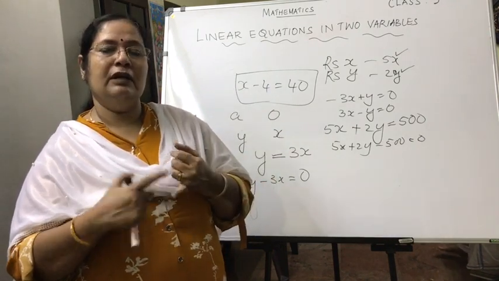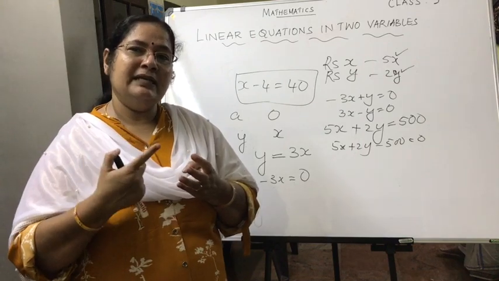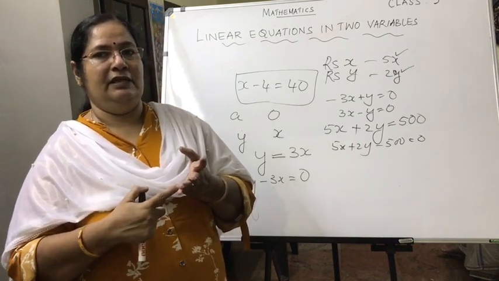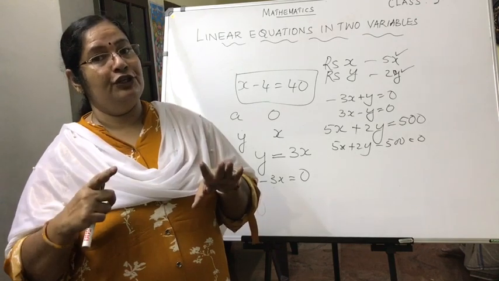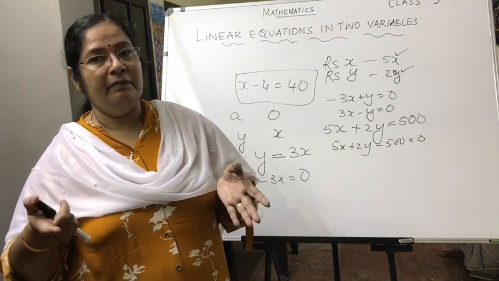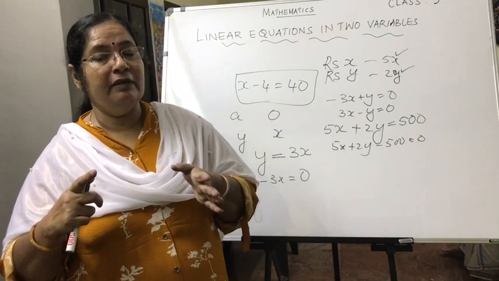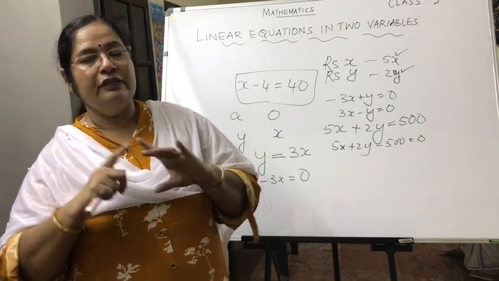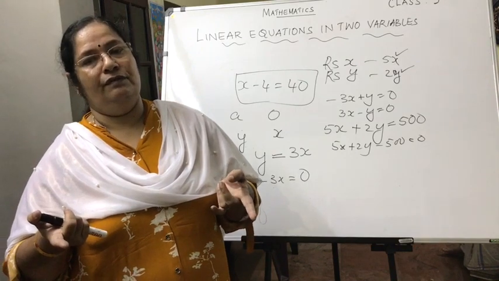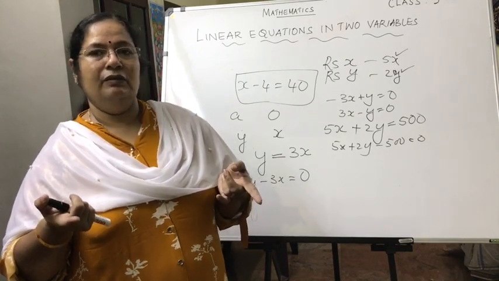Then you have learned how to form the mathematical expression for a given statement. And you have seen for a linear equation in two variables how many solutions you have. You have infinitely many solutions. Why do we have infinitely many solutions? Because for every value of x, you get a value of y which will satisfy the equation. Is it clear, children? Okay, thank you.